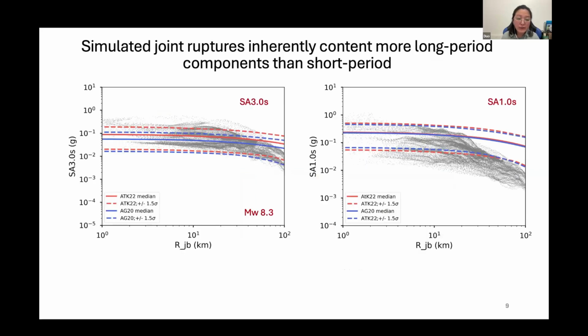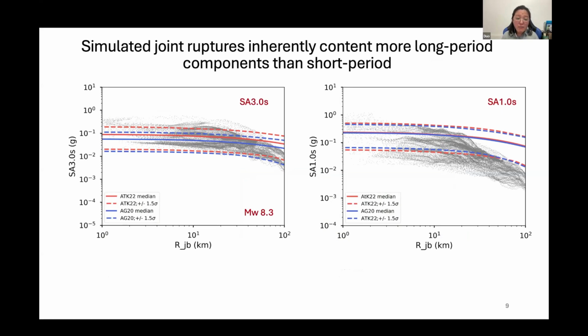Okay, we also compare the ground motion decay curve with the updated ground motion prediction for New Zealand. So in this case, the blue and the orange lines are two ground motion prediction equations, and the green or black dots represent all the surface measurements at the surface receivers from our simulation.